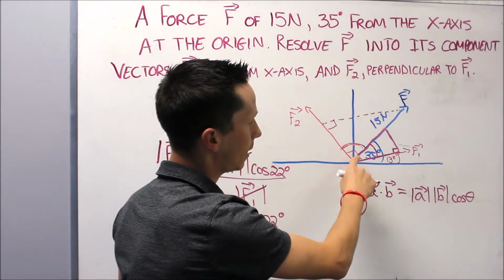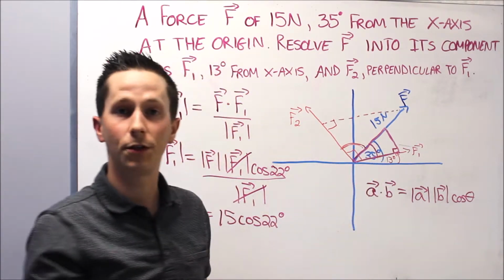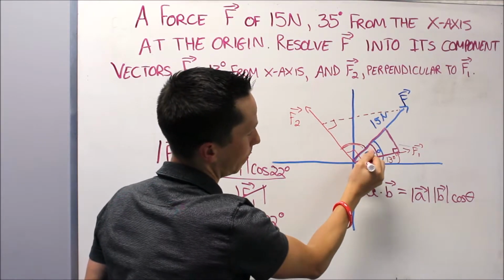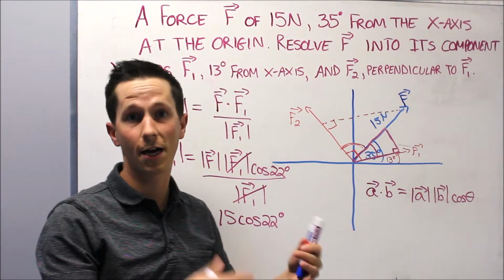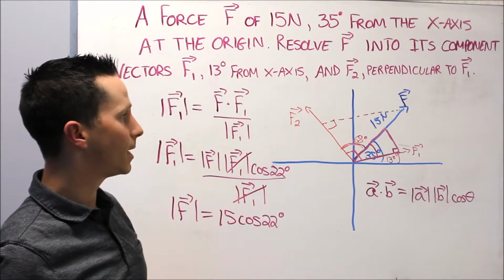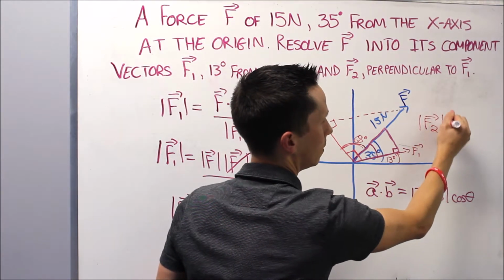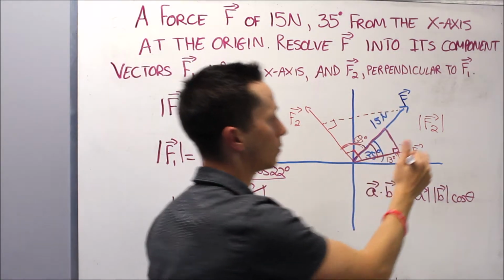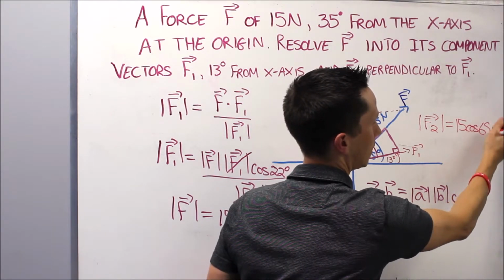To figure out that angle, we can say this is 35 all the way up to F, and well, in fact, we can break this 90 degrees down into the 22, and then whatever's left over. 90 minus 22 is 68 degrees. So this will end up being the exact same thing, where we can say the magnitude of F2 using the same algebra is just equal to the magnitude of F cos 68. 15 cos 68 degrees.